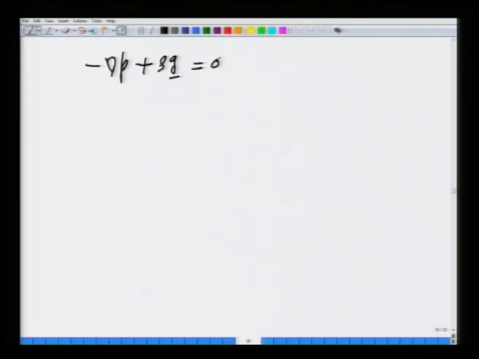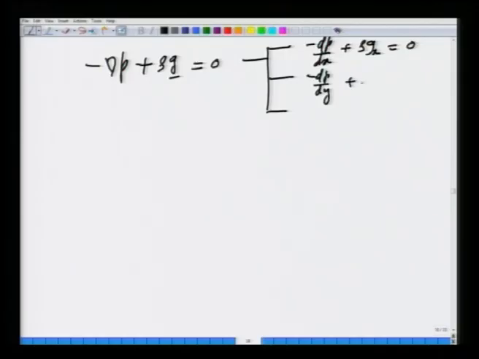Any vectorial equation can be written in its 3 component form. So, this will have 3 components: minus dp dx plus rho gx, where gx is the component of the acceleration due to gravity vector in the x direction; minus dp dy plus rho gy is 0; minus dp dz plus rho gz is 0. Okay.